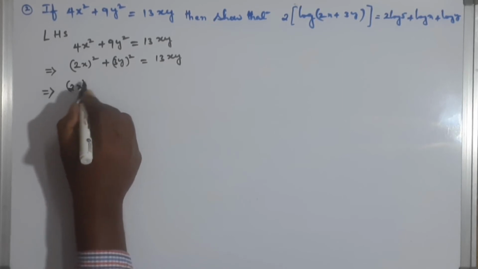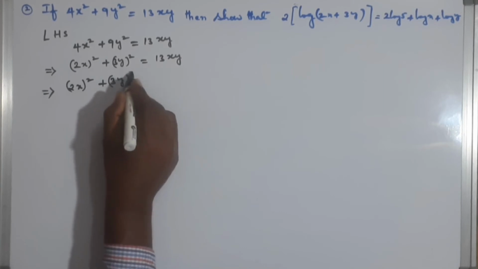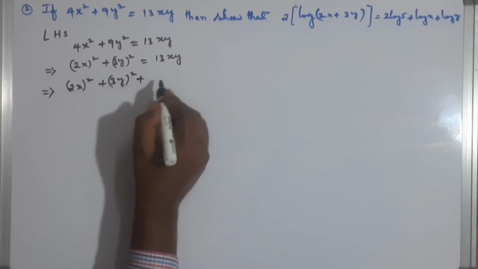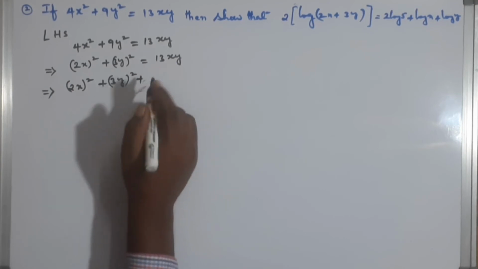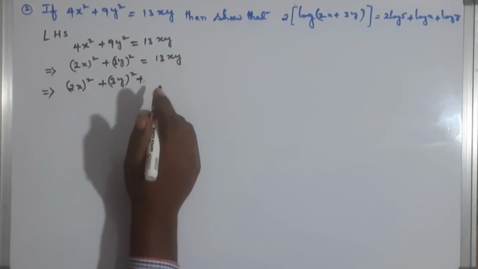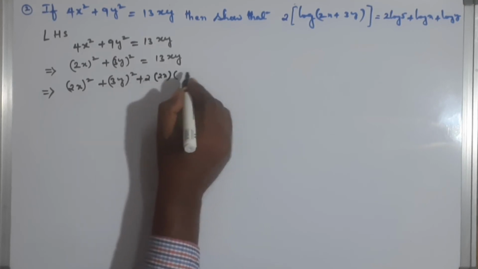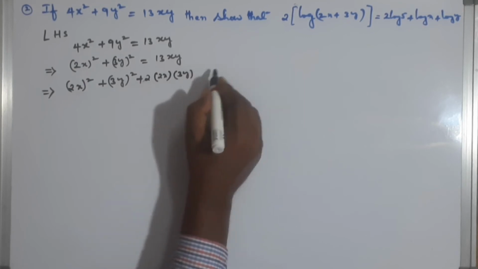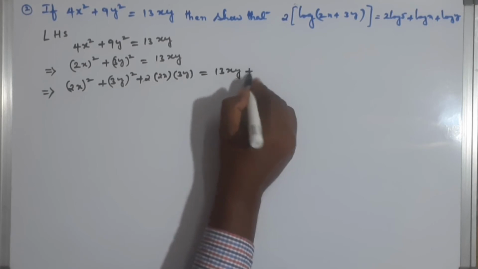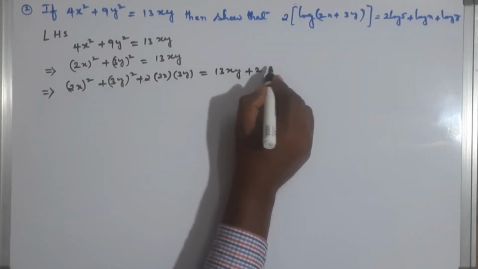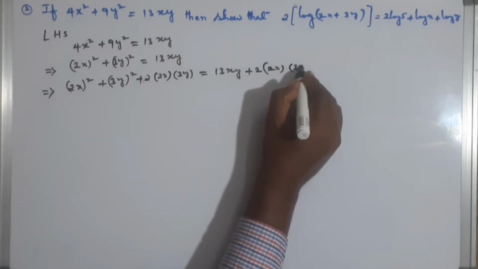Now (2x) whole square plus (3y) whole square plus 2ab. Yes, we need to add 2ab. So 2 of 2x into 3y, which equals 13xy plus 2 of 2x into 3y.